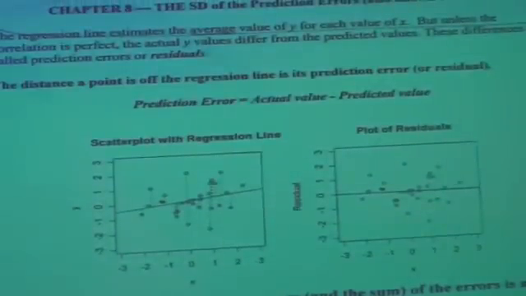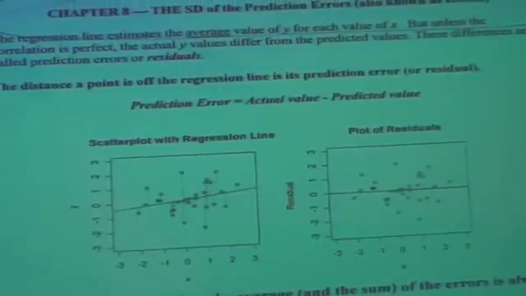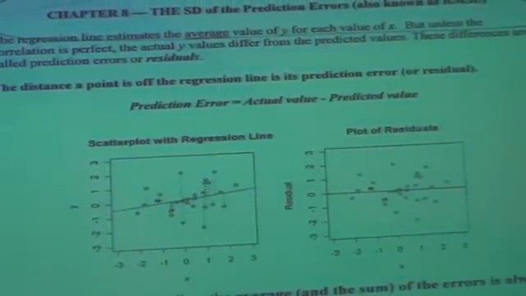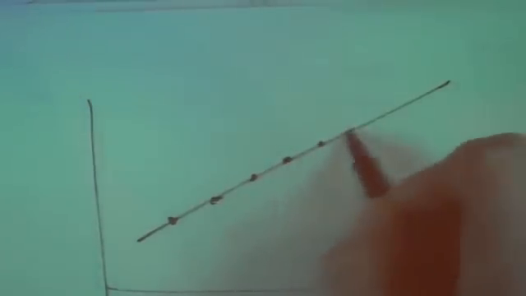All this is saying is that when you make a regression estimate, unless it's perfect, unless you can make a perfect prediction in every single point and you have no error, you're going to have some error.